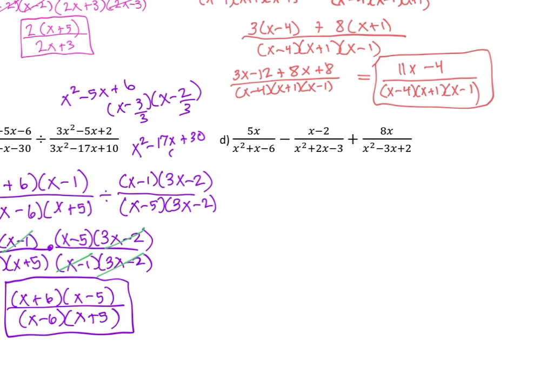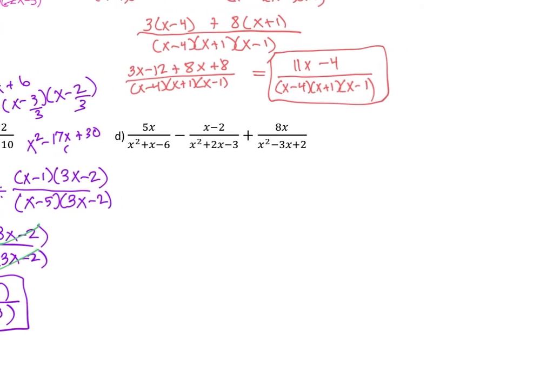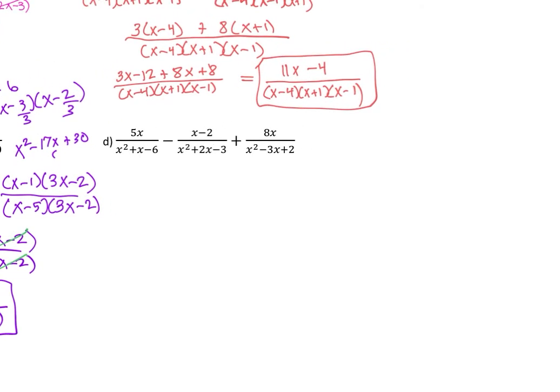So D is going to be the same process. Just a little bit more factoring. Let's see here. I have 5x over x plus 3, x minus 2, minus x minus 2.